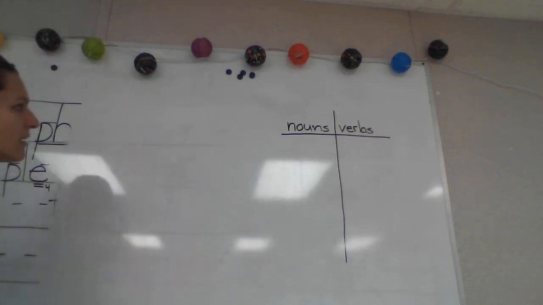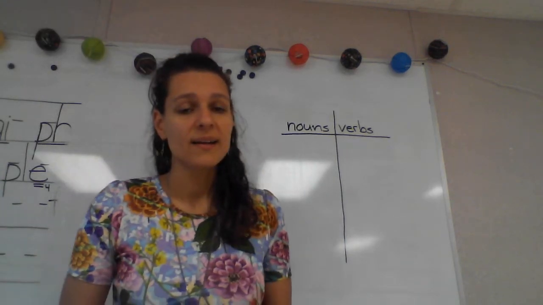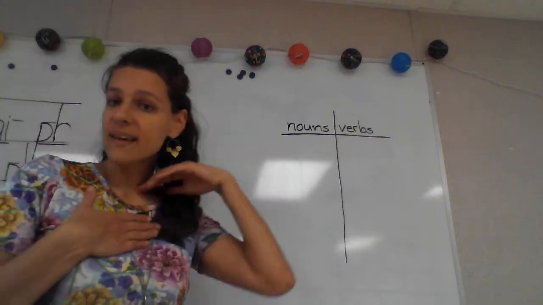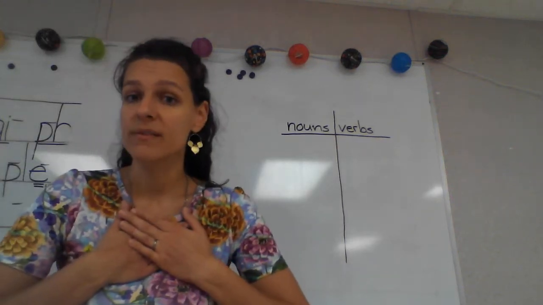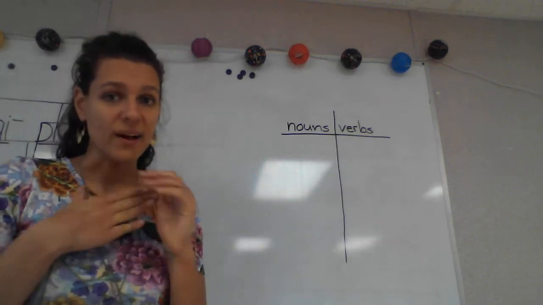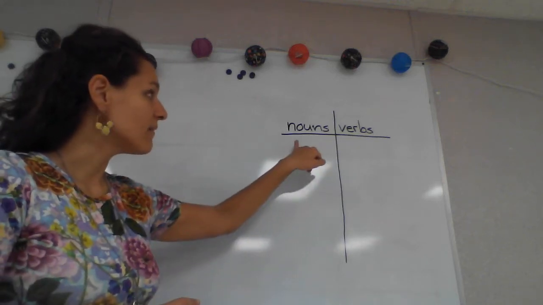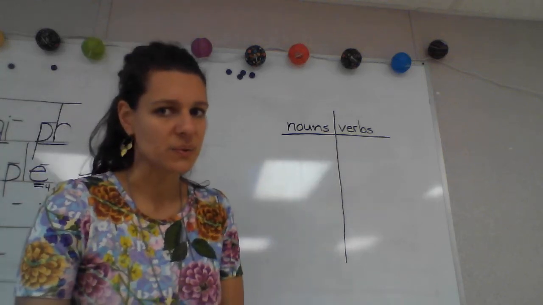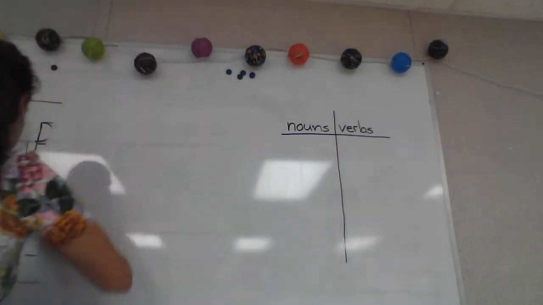All right, our first word is the word love. I think I used the sentence, I love my mother. So I want you to think, is love a person, place, or thing, or is it something you do? Think about it.